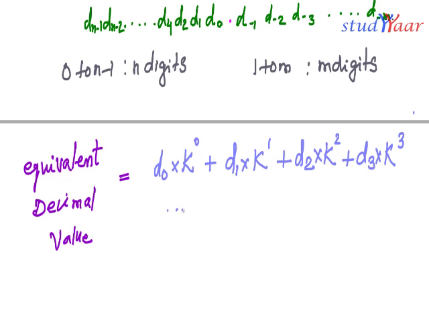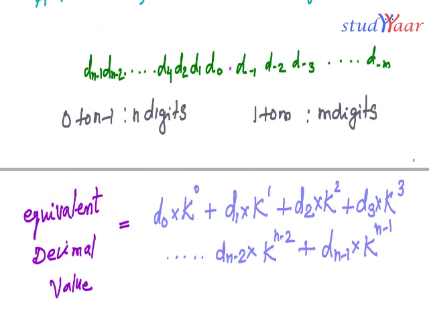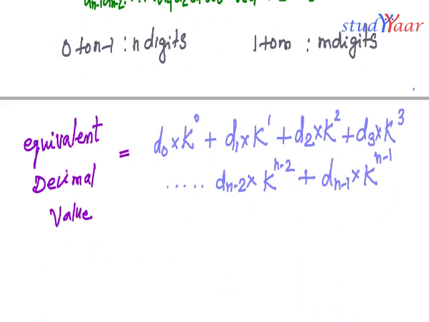I'm going to add these products up till what we have: d n minus 2 into k raised to n minus 2, plus d n minus 1 into k raised to n minus 1. Up till this point, this is the equivalent integral value of this number in the decimal number system.